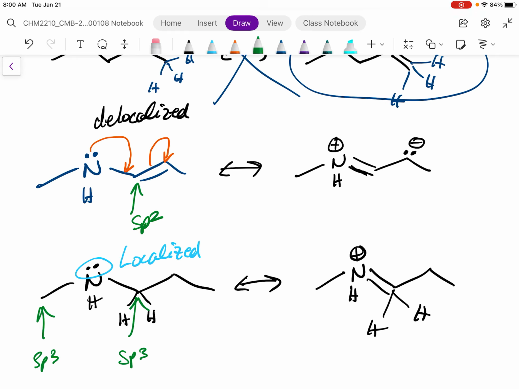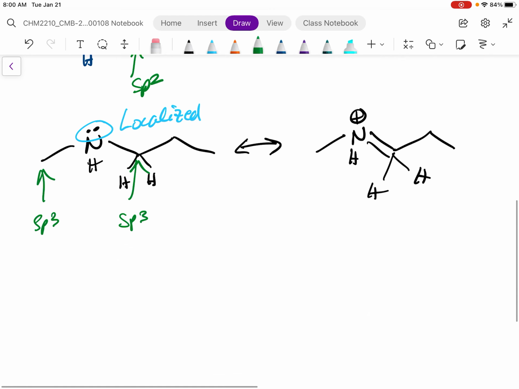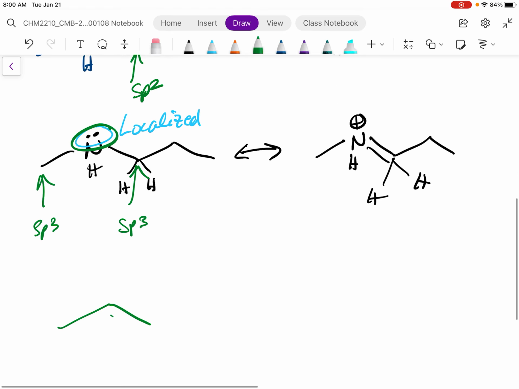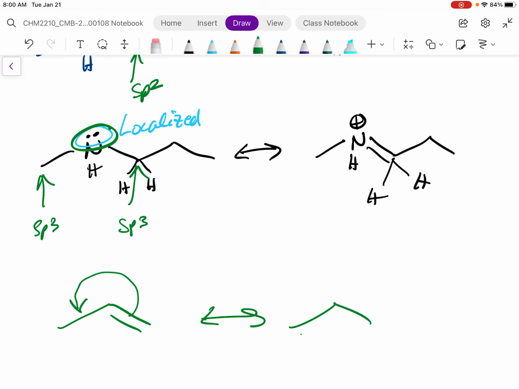So we have localized and delocalized electrons. They can be in lone pairs, delocalized or localized. We can also have them in pi bonds. Can I draw a resonance structure where I take those pi electrons and move them over there, like that?